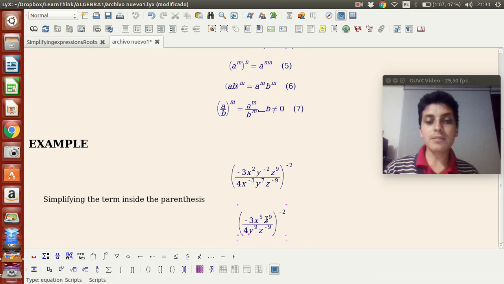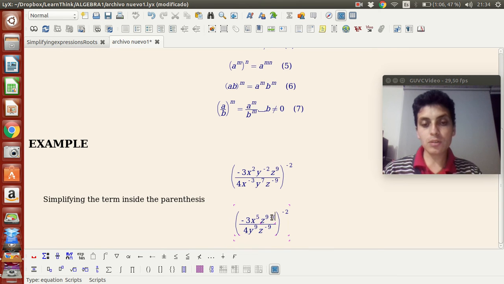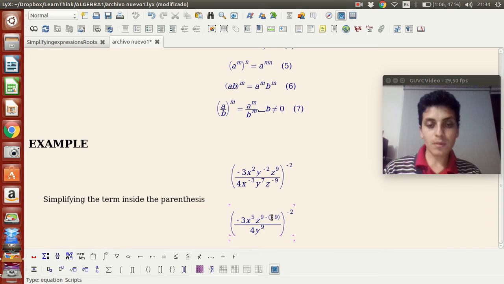And here we have z to the 9th power divided by z to the negative 9th power. So what you can do is move the negative exponent to the numerator. Okay, so minus negative 9. So negative 9 minus negative 9 is 9 plus 9, 18.